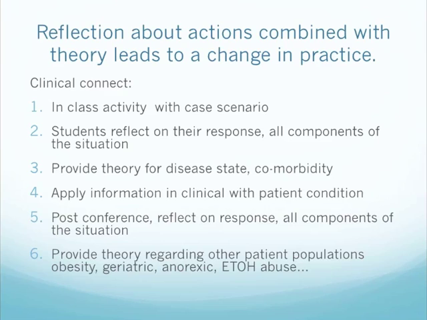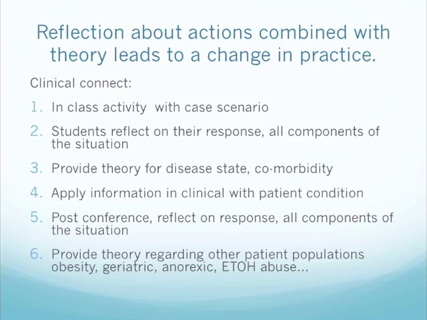In post-conference then, we reflect again on our patient in the unit, bringing the theory in from home, bringing the theory in from class, and relating the information to a patient who's different, an inpatient, and we reflect on what it means for this 45-year-old woman in all components of the situation. And then we provide theory related to other patient populations. How would we manage it if that patient were a geriatric patient?